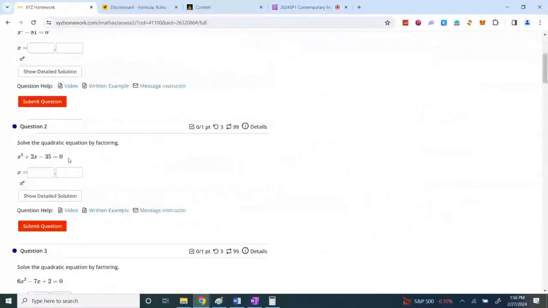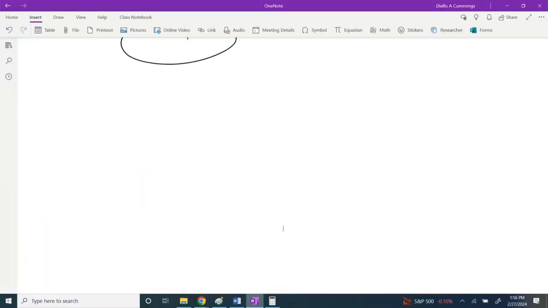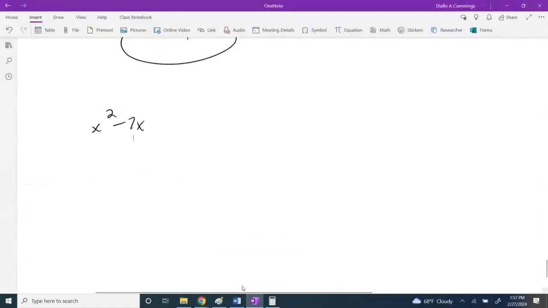All right, number 2 says you solve the quadratic equation by factoring. x squared plus 2x minus 35.